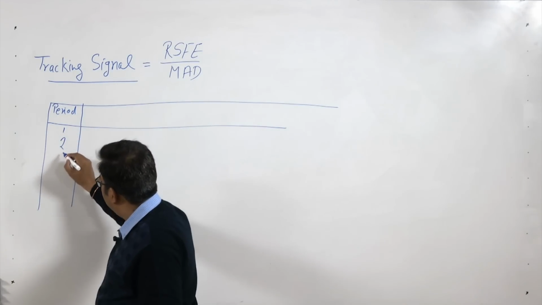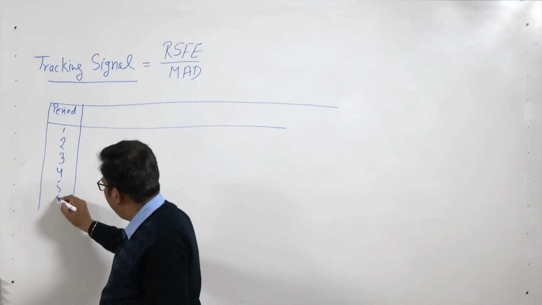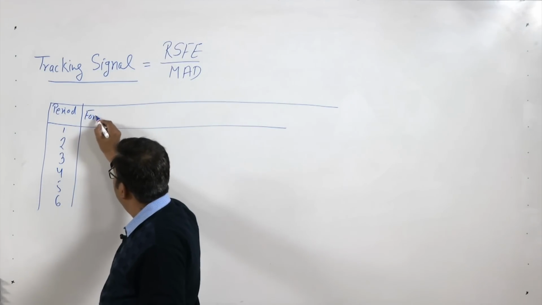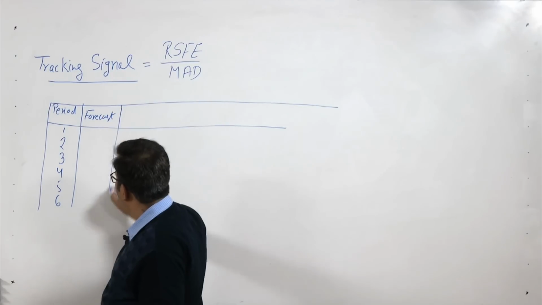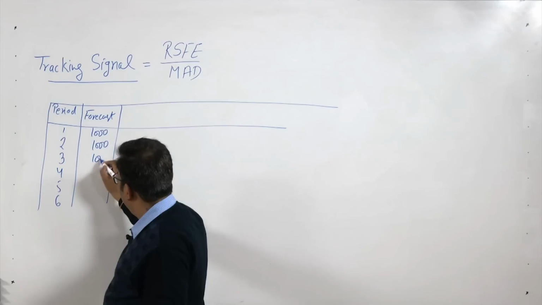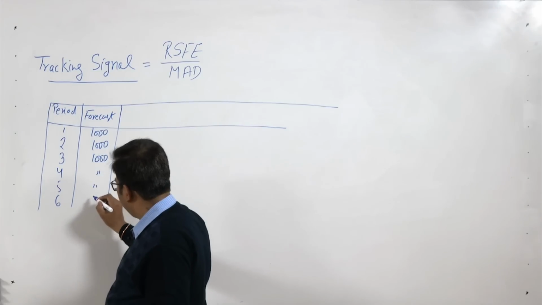let us have 6 periods, and for each of these periods let us assume some forecast value, that I am forecasting 1000 units for each of these periods.